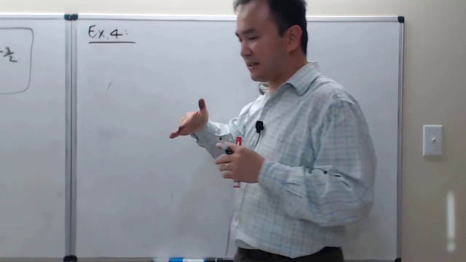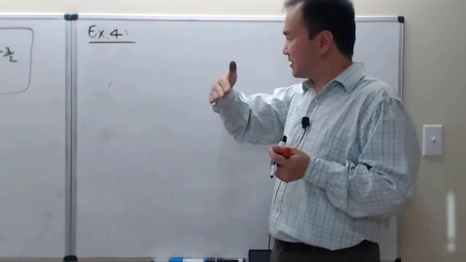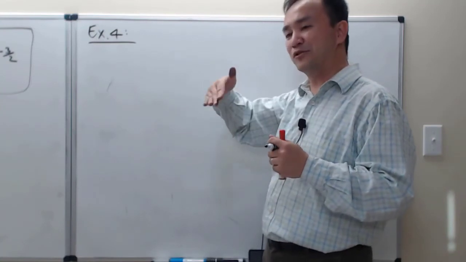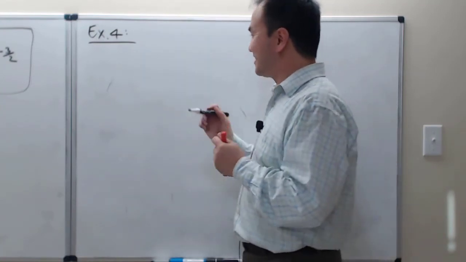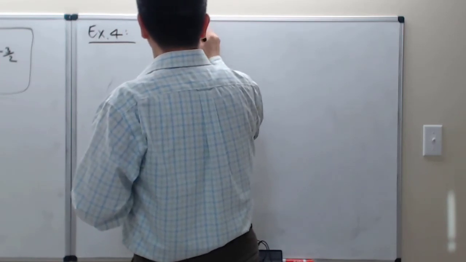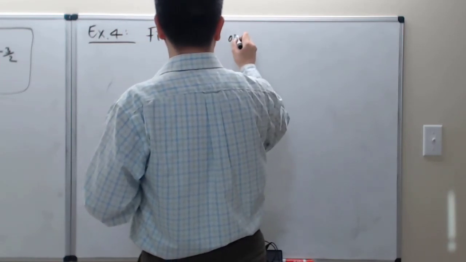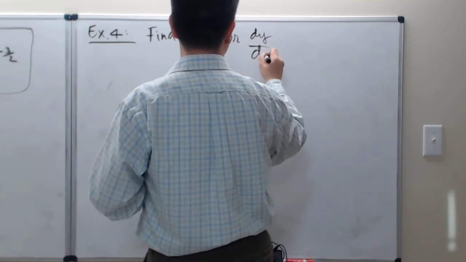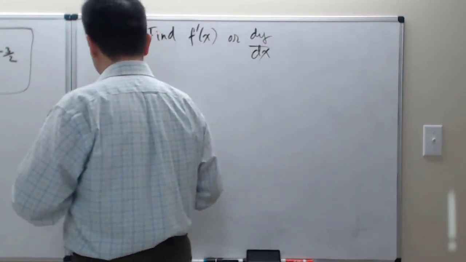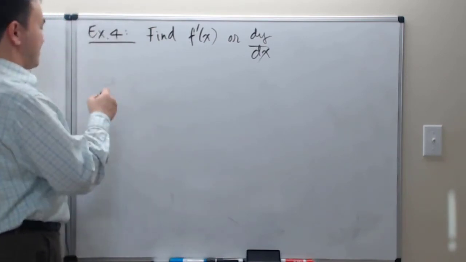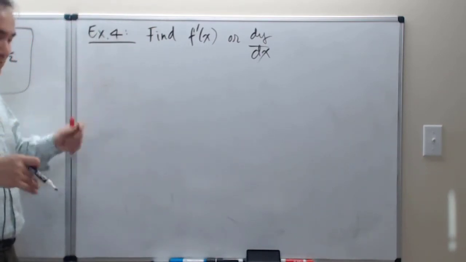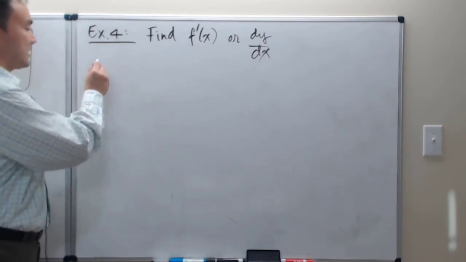So you can see that as I introduce these examples, I bring in more challenge as the number of examples increases. So we're still doing similar work. Find f prime of x, or sometimes we can refer to that as dy dx. Here comes our first function. So after we've had a lot of experience with the earlier problems, how about we look at something like this.